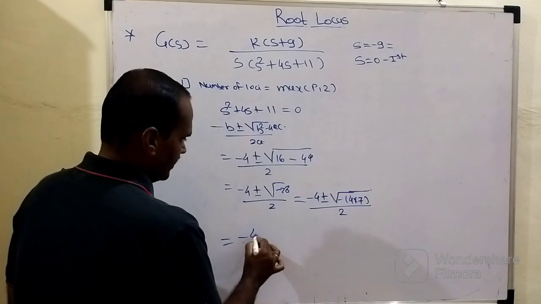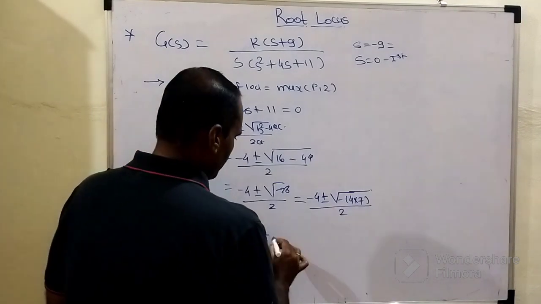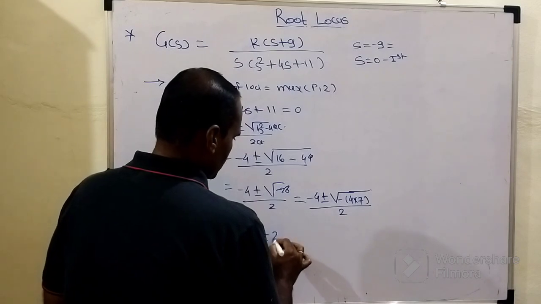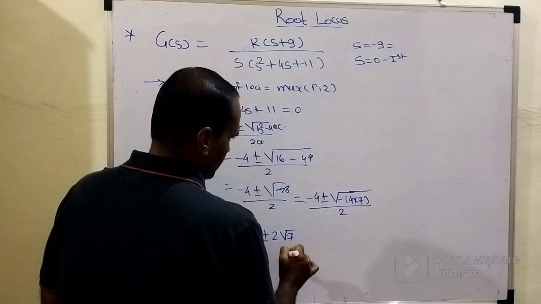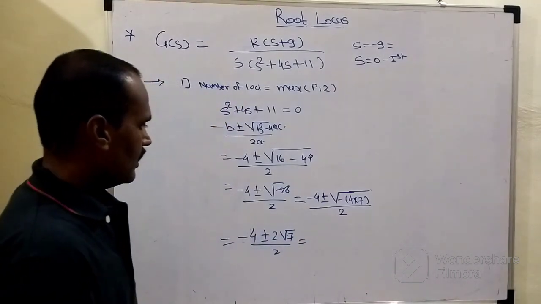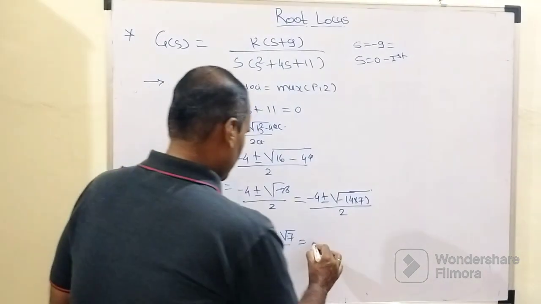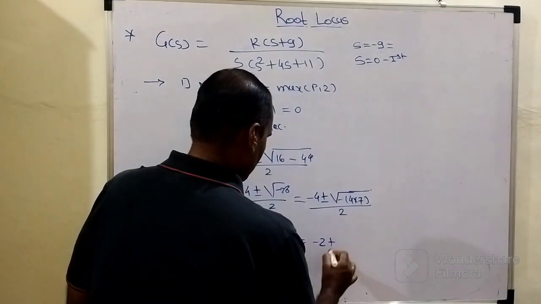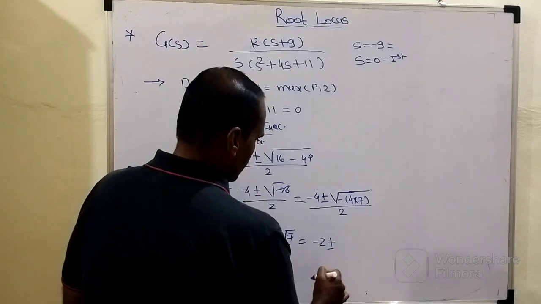So this whole term can be rewritten as minus 4 plus minus the square root of 4, which is exactly equal to 2, so plus minus 2 into minus root 7, divided by 2, right? So the roots are minus 4 divided by 2, so minus 2 plus square root of 7.